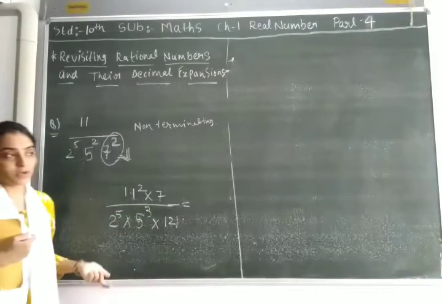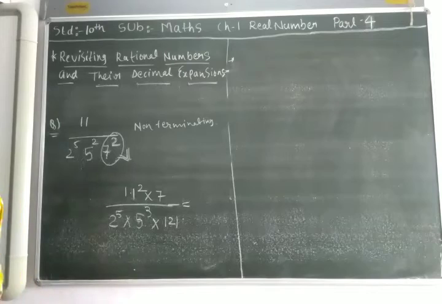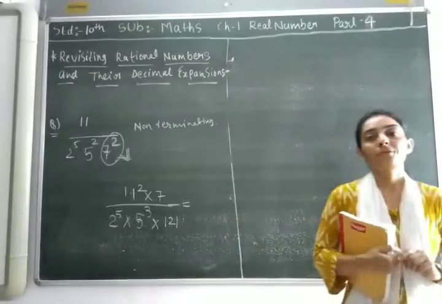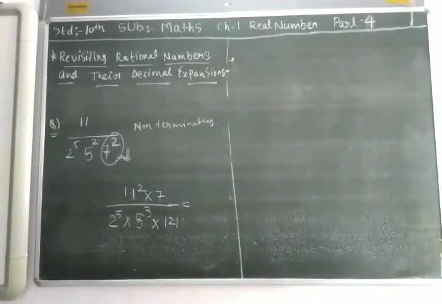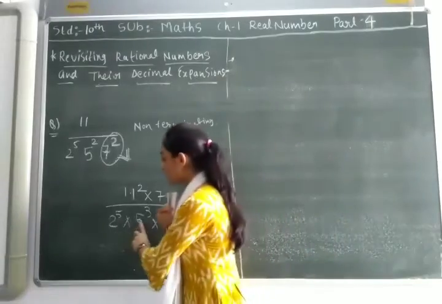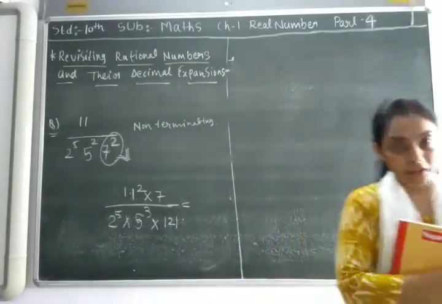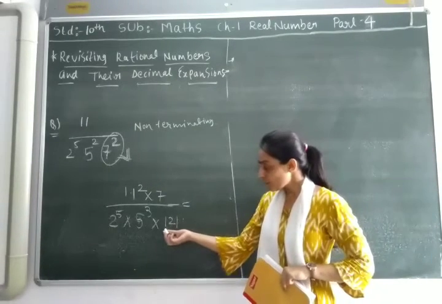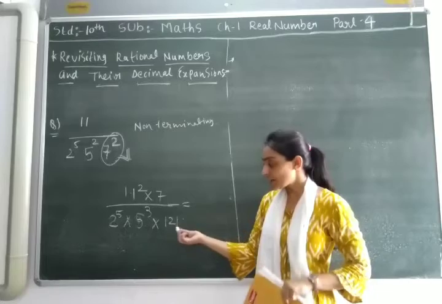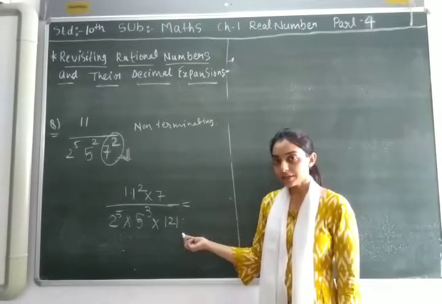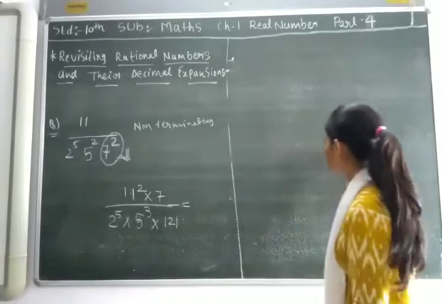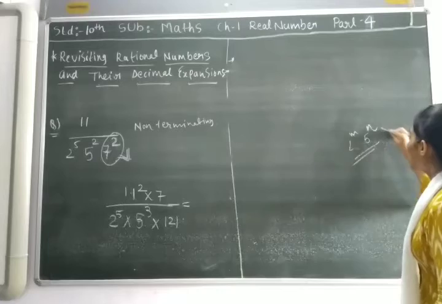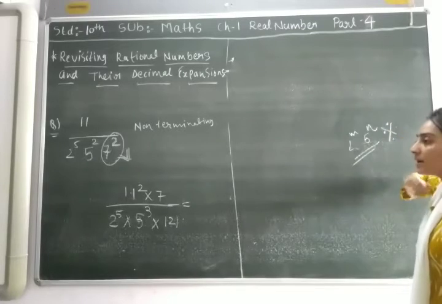Whether this one is terminating or non-terminating. What we have seen first, we just check its denominator. If there are any other elements other than 2 and 5, we can directly say it's non-terminating. But look over here: in the denominator, 121 is given. But our theorem says it should be 2 raised to m or 5 raised to n, no other element.